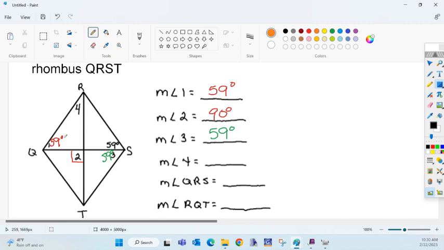Okay, so we know the 59. What other angle do we know? The 90. So she said we can add 59 and 90. Okay, and then she said subtract from 180. Which is 31. So 31 degrees. Okay, that's a 1. People at home, that's a 1. 31 degrees.